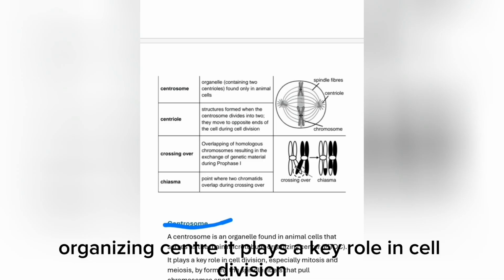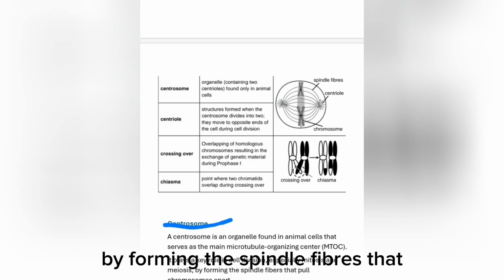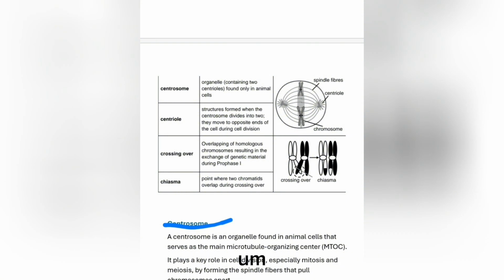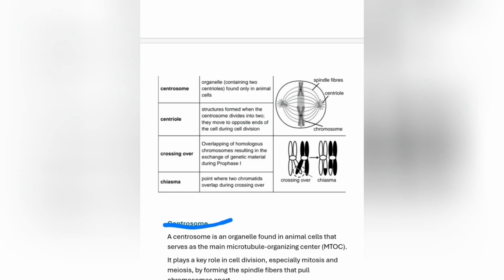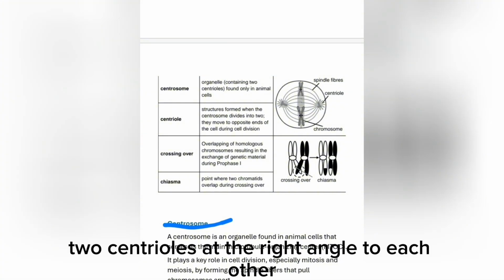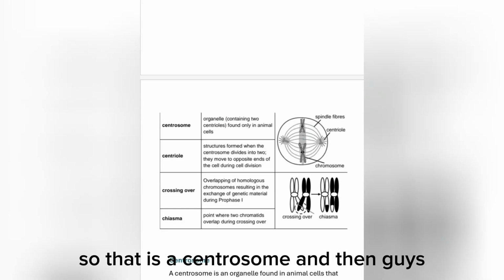It plays a key role in cell division, especially mitosis and meiosis, by forming the spindle fibers that pull chromosomes apart. Structurally, the centrosome usually contains 2 centrioles at right angles to each other. So that is a centrosome.